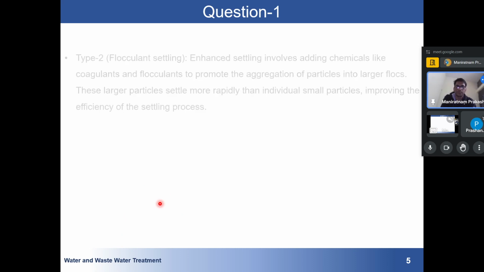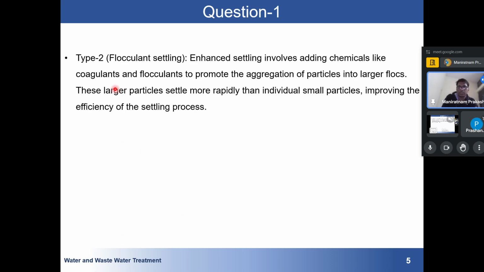Okay. So type 2 settling is flocculent settling. Now there will be some suspended or colloidal particles which will not settle on their own, so we add some kind of chemicals. By adding those chemicals, it changes its property. Initially that particle might be positively or negatively charged, so by adding some chemical, the particle will reverse its characteristic depending upon the pH of the system.